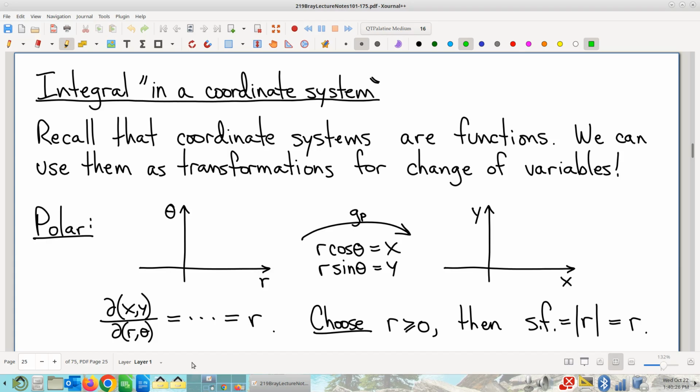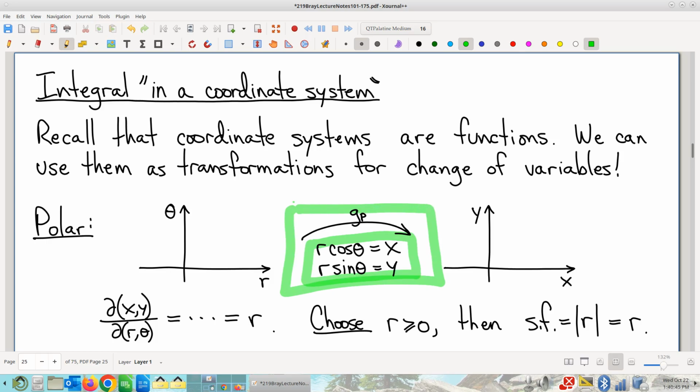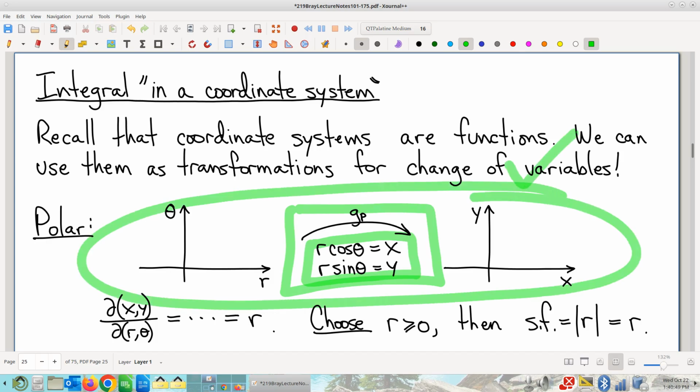So last time we were talking about integrals in a coordinate system. What's the big idea of integrals in a coordinate system? The big idea is that when you have a new coordinate system, let's say polar coordinates, you have these conversion formulas that you can choose to view as a function, and in fact it makes for a fabulous change of variables function, as it turns out.